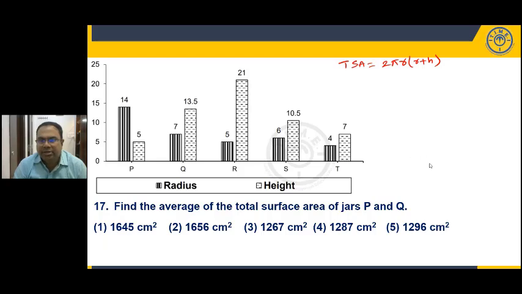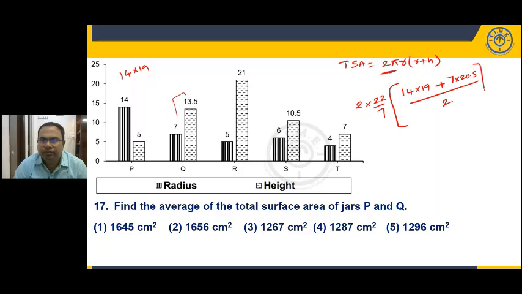Average of total surface areas of jars P and Q. So again 2 pi is common now. So 2 into 22 by 7 into r into r plus h. P is how much? r is 14 into 14 plus 15, 19. 14 into 19, plus how much is Q? 7 into r plus h, 20.5. Average means divide by 2.